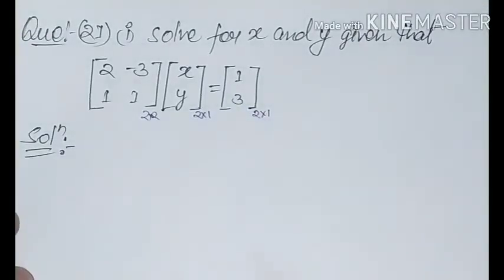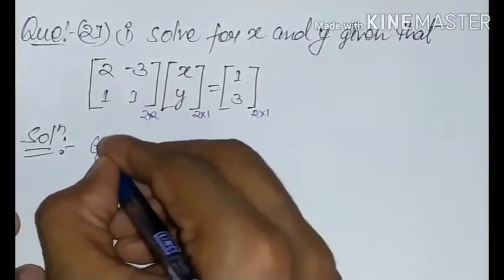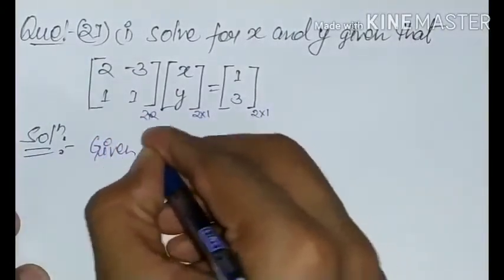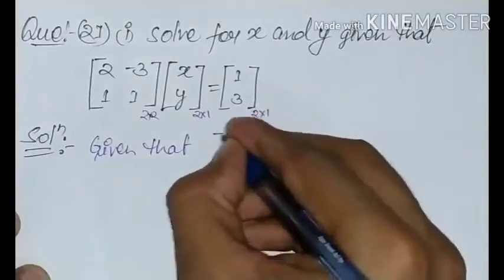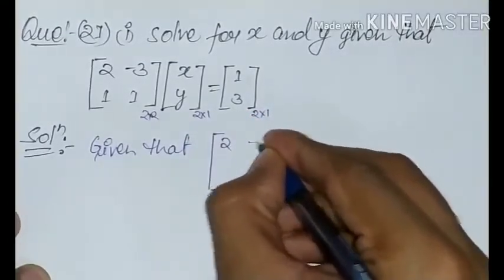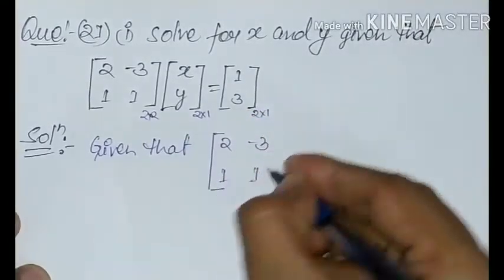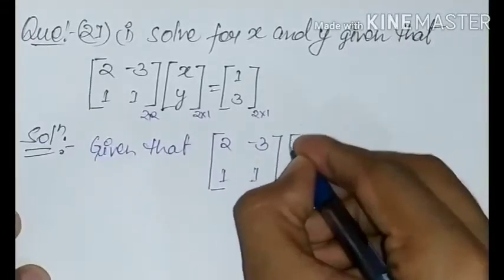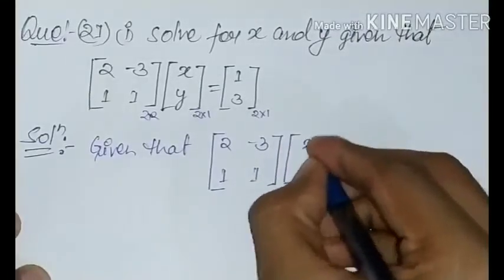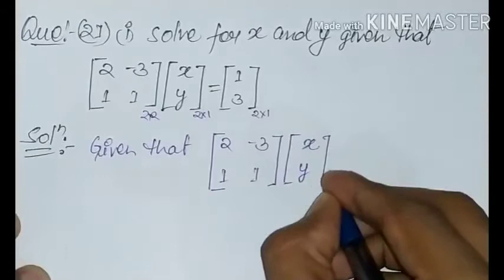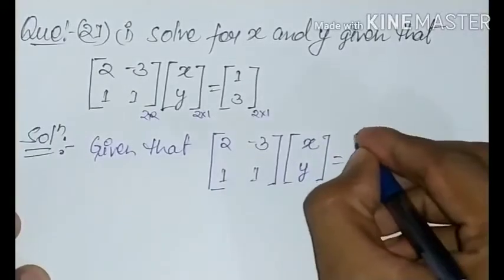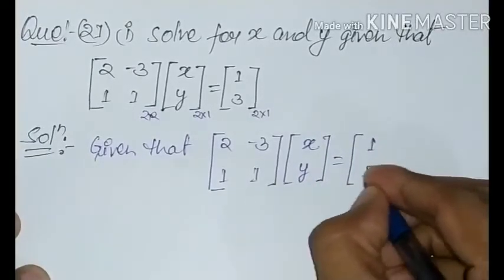Then we have to find the value of x and y. Given that it's a 2 by 2 matrix, that is 2 minus 3 1 1, and a 2 by 1 matrix, that is x and y, which is equal to 1 and 3.